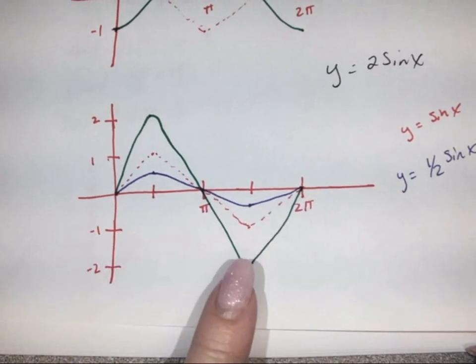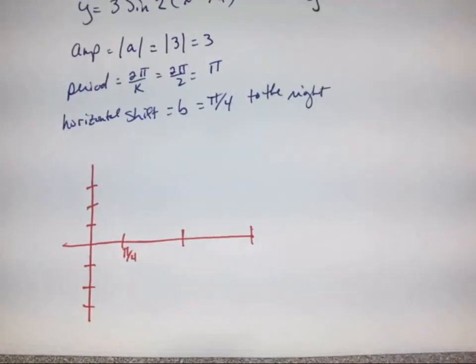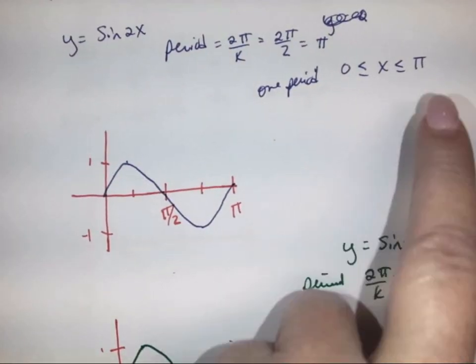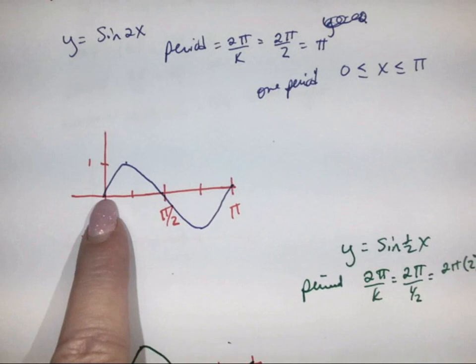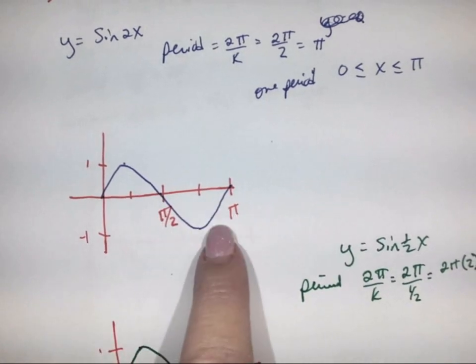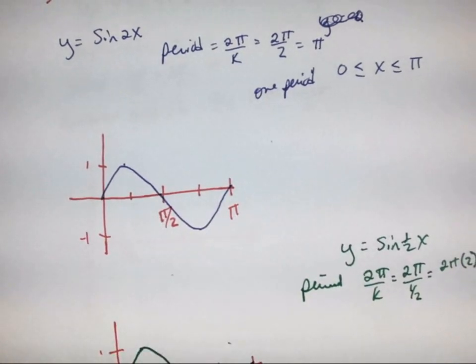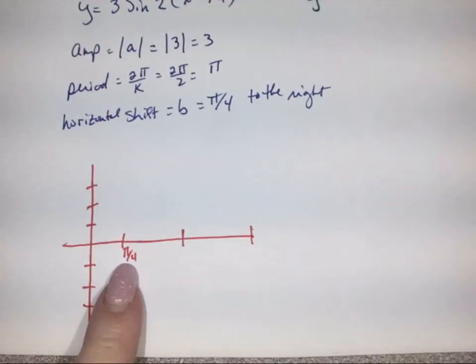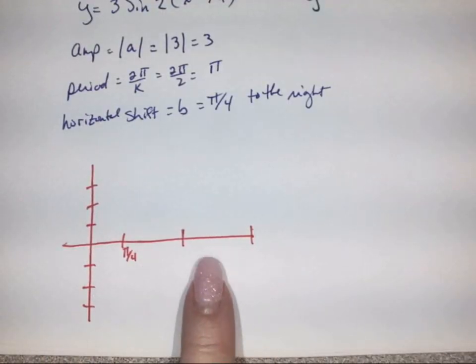But our period is down to pi. And so here is a sine graph where we had a pi for our period. So we were at 0 and pi over 2 and pi. So that's to kind of give you an idea of what we're looking at. We need this to be a full pi.